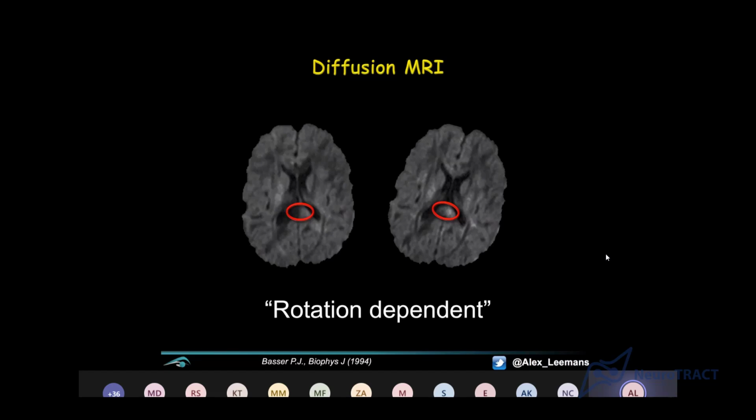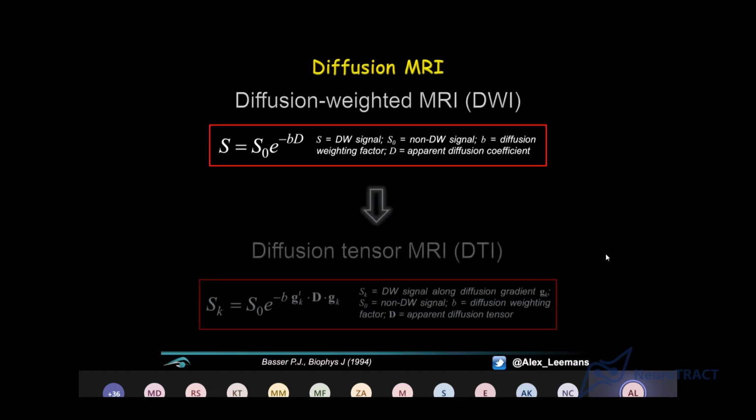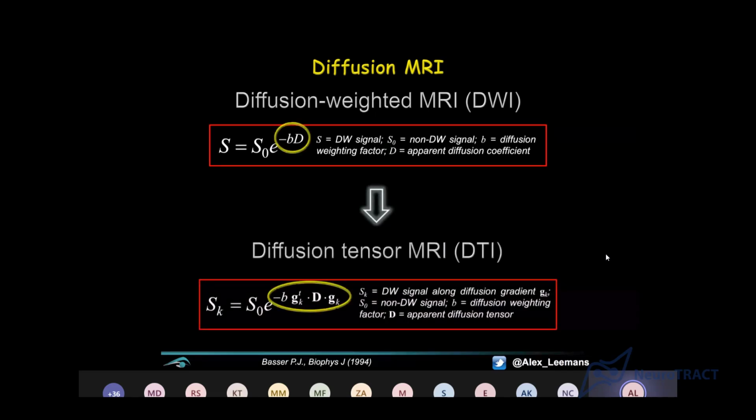So this was a big issue. And that was solved by Peter Basser and co-workers. Actually, Denis Le Bihan was a co-author of the paper, I think a senior author. So they, and the entire team, came up with a way to quantify the diffusion in such a way that it was rotation invariant.